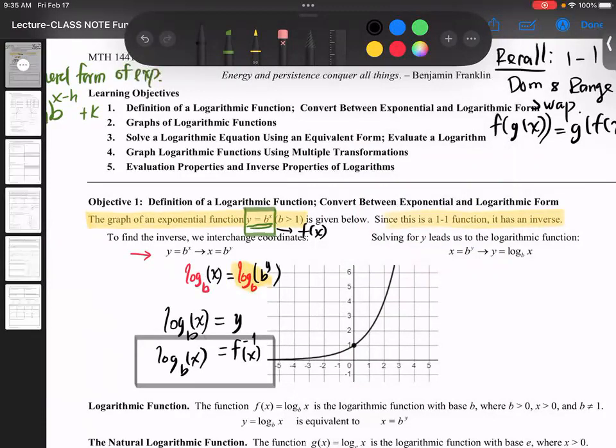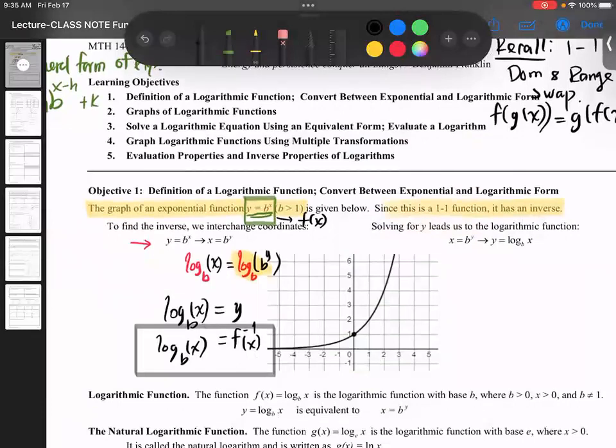What sheet? Oh, it's not this one? Uh-oh.